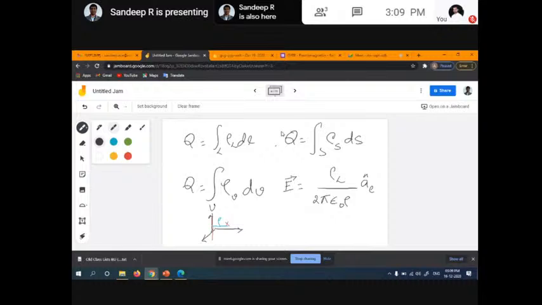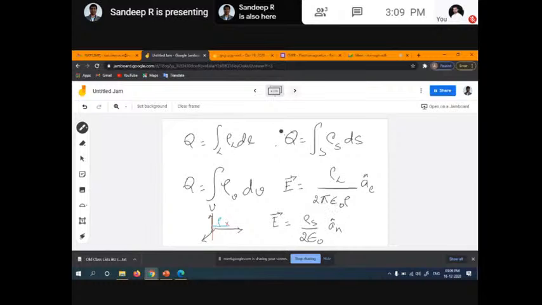Now another particular scenario: what if I have an infinite sheet of charge? The electric field intensity at a particular point due to an infinite sheet of charge is given by E is equal to rho S by 2 epsilon naught into unit normal vector aN.